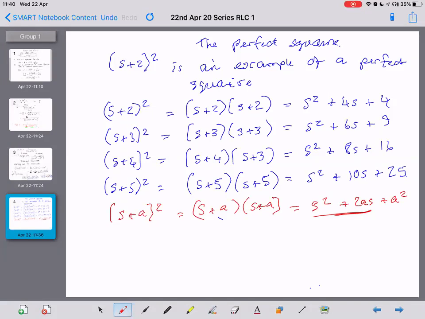So that 10 comes from 2 times 5, and this number here comes from 5 squared.